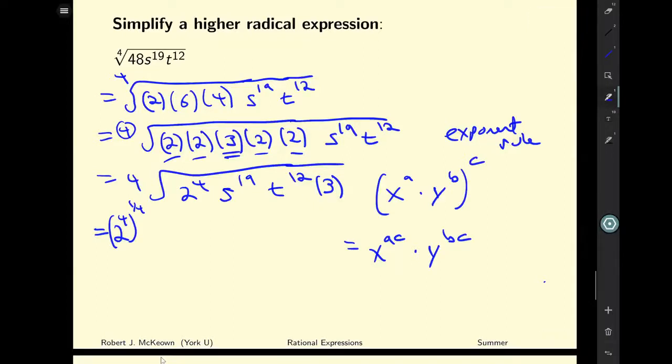And I've got s to the 16. I can just rewrite it in exponent form if I want, and I've got t to the 12 over 4, and I've still got the square root of 3.